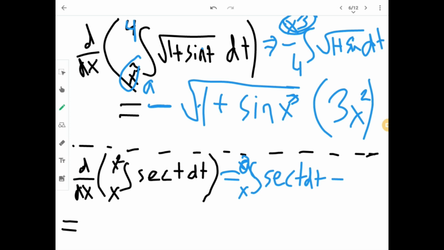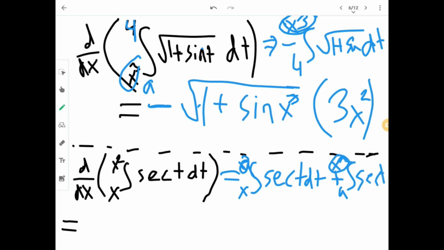You'll see that it cancels out, so it doesn't really matter whatever you put in there. And then plus the integral from a to x squared of secant t dt. Basically, you're just separating it.